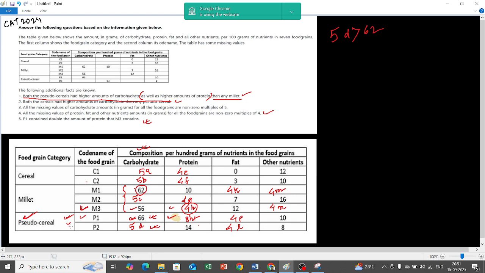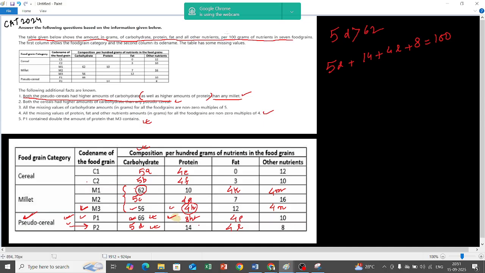Okay, now see this particular row. Now the sum of all these values, 5D plus 14 plus 4L plus 8, is equal to 100. Okay, why is it 100? Because it is given over here that the table below shows the amount in grams of carbohydrates, protein, fat and all other nutrients per 100 gram.